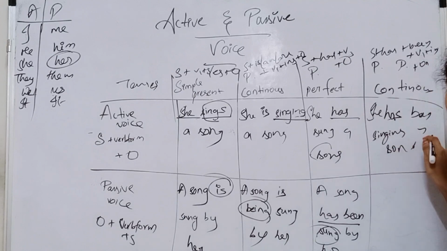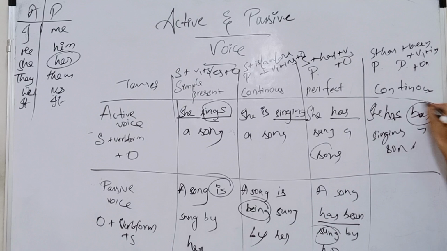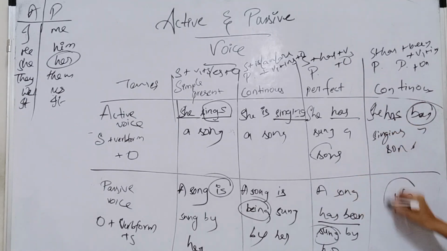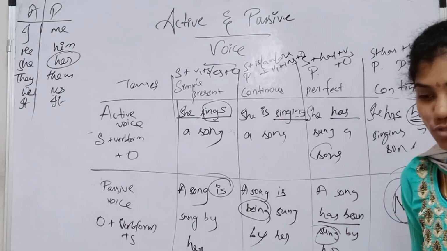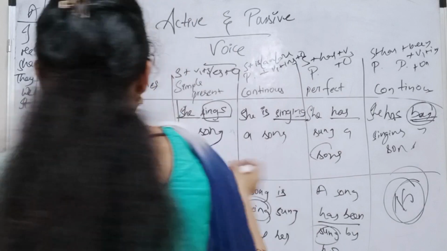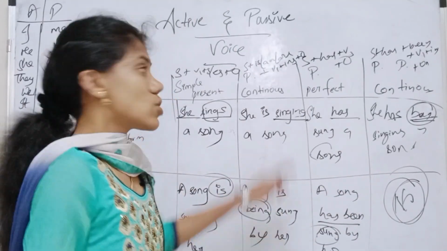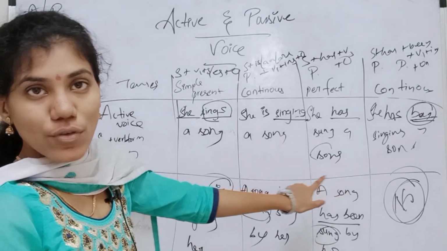Now if you change this into passive voice, since we have "been" here, we don't have a passive voice. If it comes, it would be "a song has been sung by her" in a similar way. But whenever in active voice we see "been", we don't get any passive voice. You have to remember that: if be or been is used, we don't have any passive voice. So this is for the simple present tense.